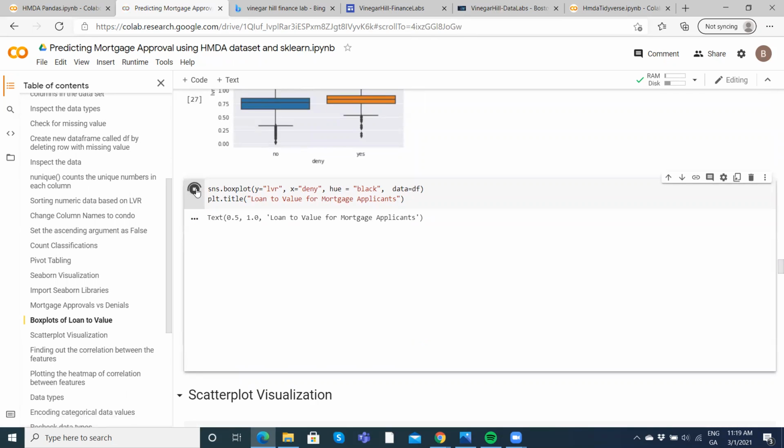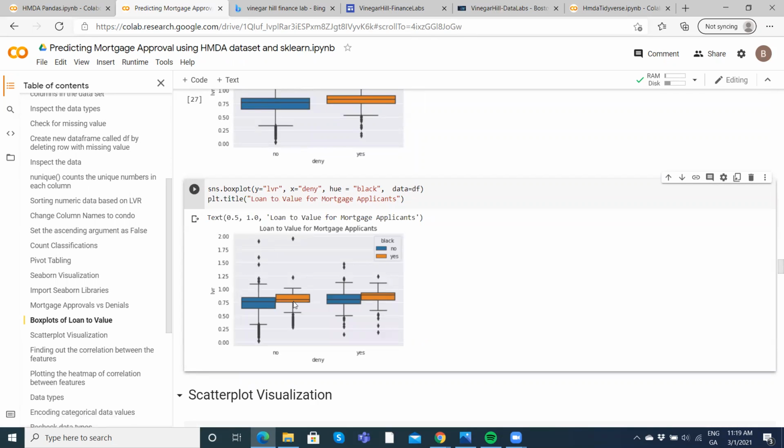Counterintuitively, perhaps, when we look at Black applicants, if you are African American or Latino, it's this brownish orange color, otherwise blue for the rest of the population. But African Americans and Latinos are accepted for mortgage with higher LVR.